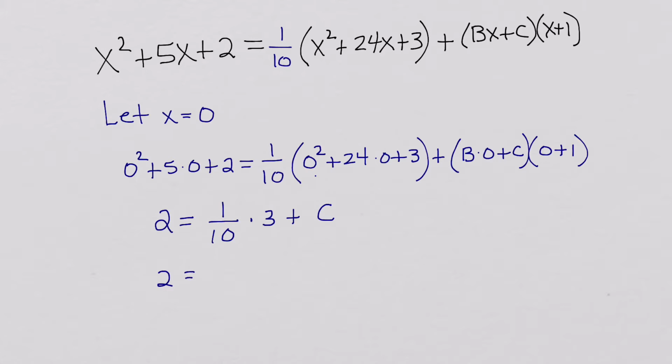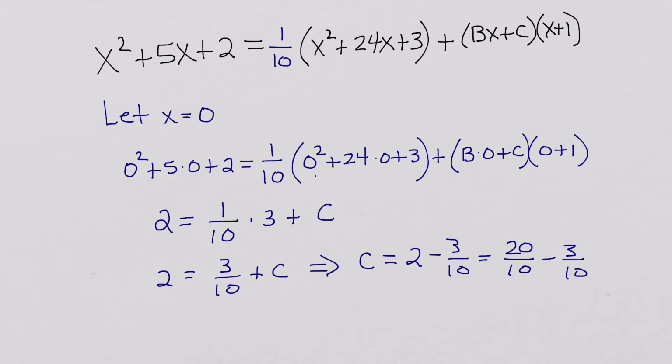So I have 2 equals 3/10 plus c, and when I subtract 3/10 from both sides, I get c equals 2 minus 3 over 10, and you can bang that into your graphing calculator if you like, and this would be really 20 over 10 minus 3 over 10, so that gives me 17 over 10. Look at that. Now we have a value for c. Guess what? We're going to go to another screen. We still need to find b.